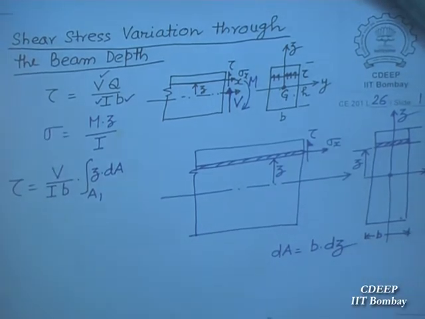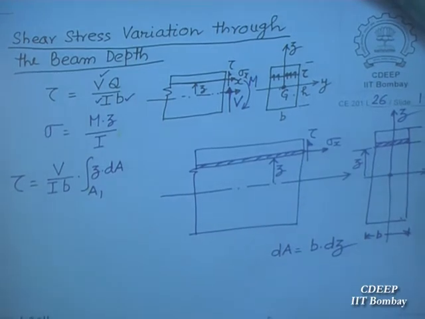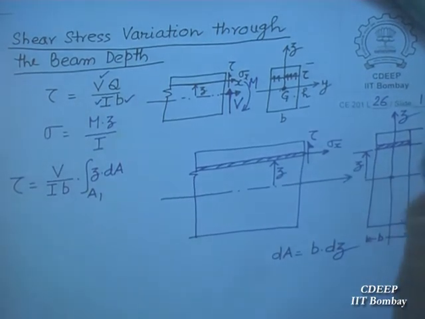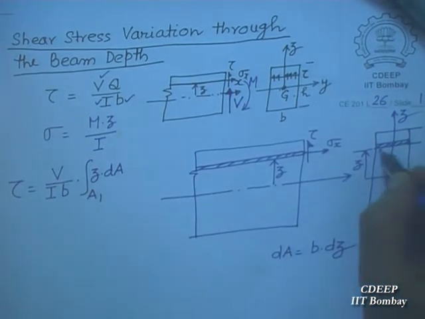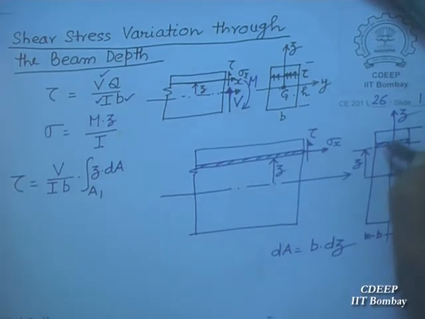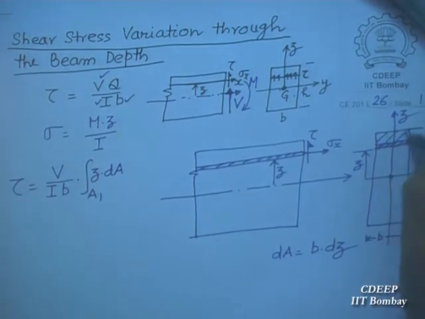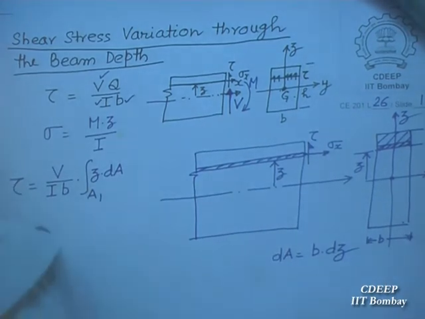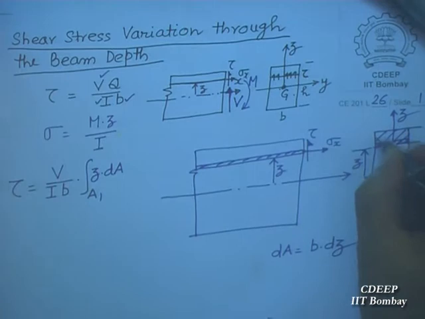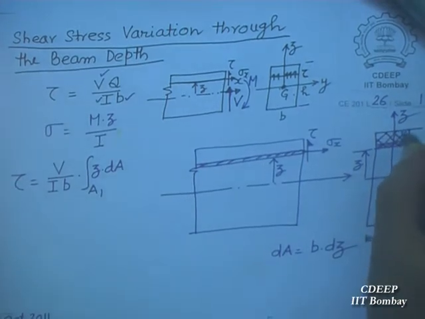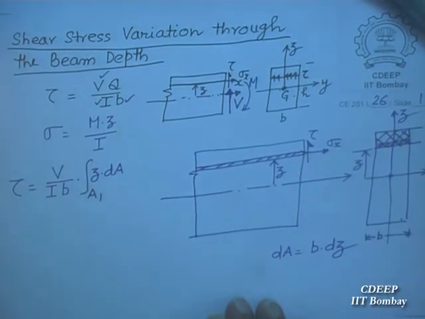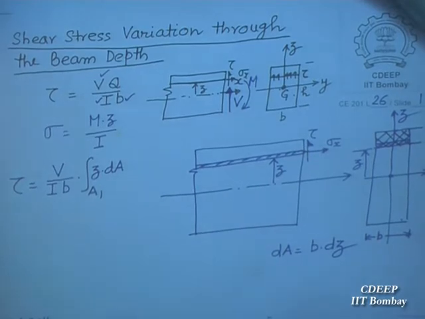So dA is b dz. And what is A1? A1 is area above this z, this total area. This total area is A1, this hatched area. Have you understood or not?